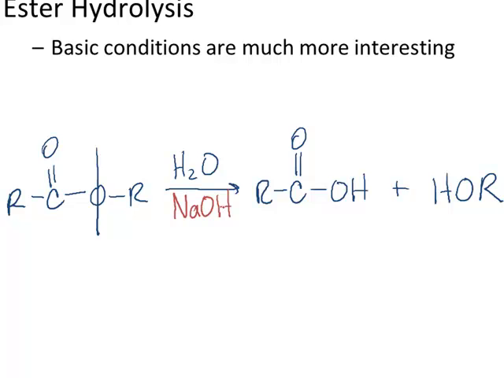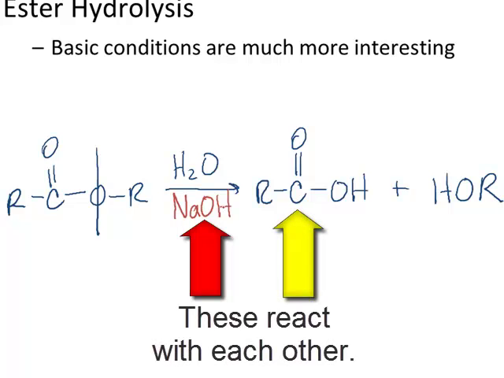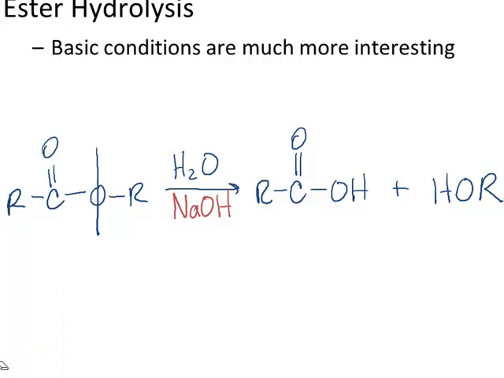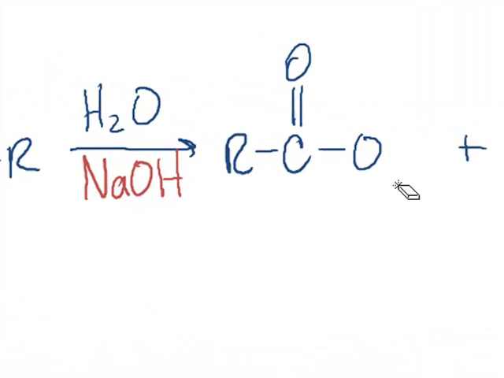While ester hydrolysis might return an alcohol and a carboxylic acid to you as products, the base that's present will instantly react with that carboxylic acid, as we saw in the previous section when we studied carboxylic acid and base reactions. So the carboxylic acid in question will actually lose its hydrogen, and in its place it will develop a negative charge, and it will bond with whatever cation is present from that particular base.